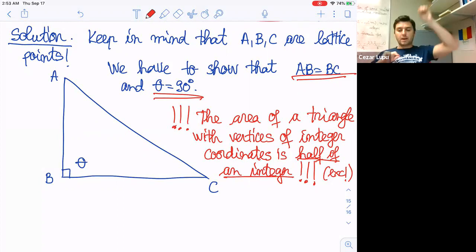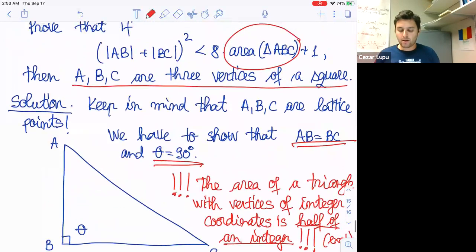You pick one of the vertices to be the origin, and then the others will be, let's say, P, Q, and R, S. Now the area will be the absolute value of something over 2, which is an integer over 2. So the area is half an integer.